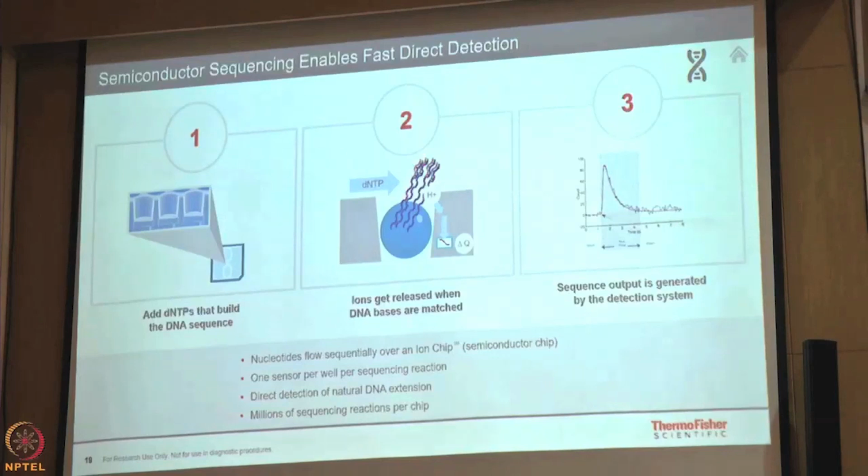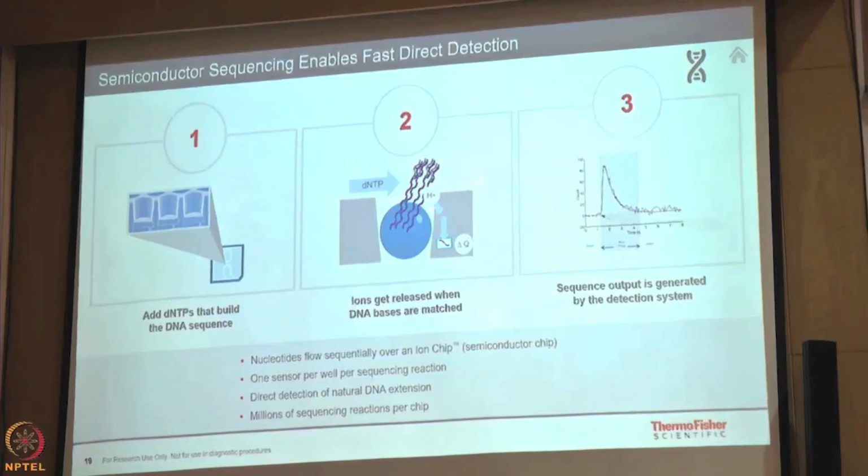The moment there is a phosphodiester bond being formed, there is a hydrogen ion release. And because we did clonal amplification, we amplified one library molecule all over the Ion Sphere, there is not one hydrogen ion release, there are going to be thousands of hydrogen ions released, which are good enough to bring a change in pH for this particular well.